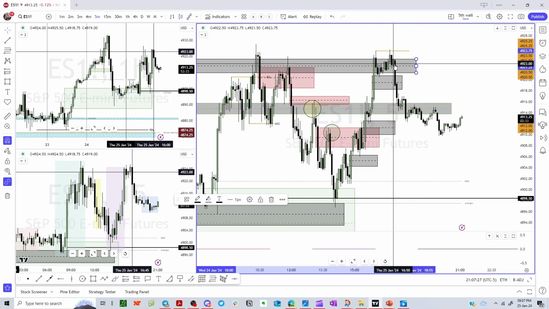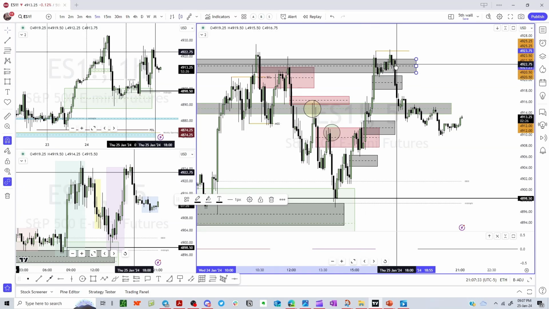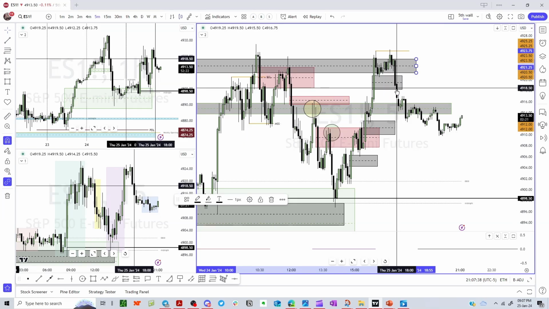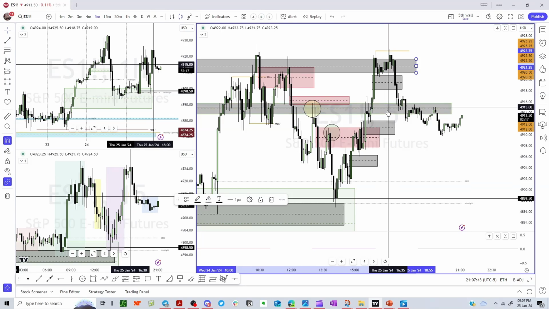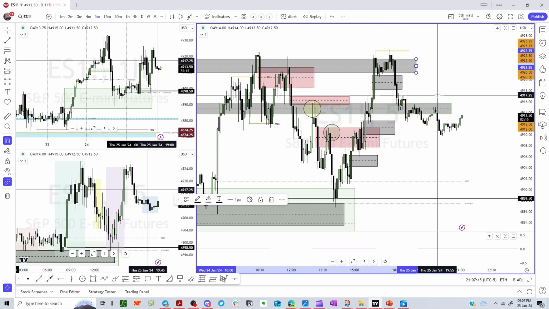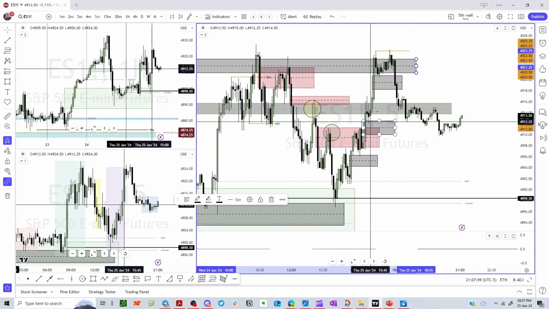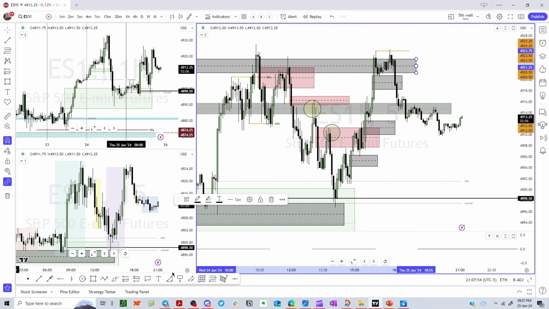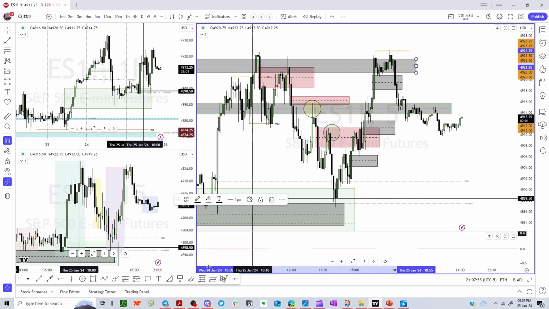So see price bust through it with some type of force, past the consequent encroachment through the bottom of it. Then yeah, it's a nice little short scalp targeting the next fair value gap, or whatever, right? Midpoint of the range of this range here. Again, buying in a discount and selling in a premium.